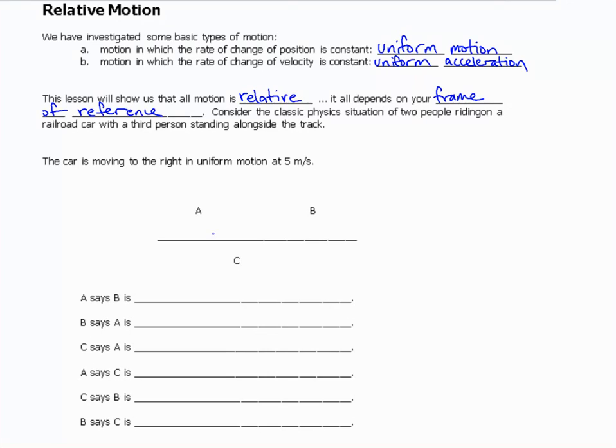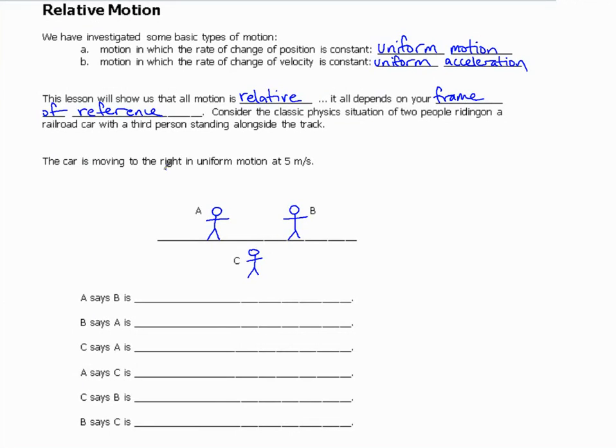So here we have person A riding on the railroad car. Here we have person B riding on the railroad car. And alongside the track, we have person C who is watching the train go by.